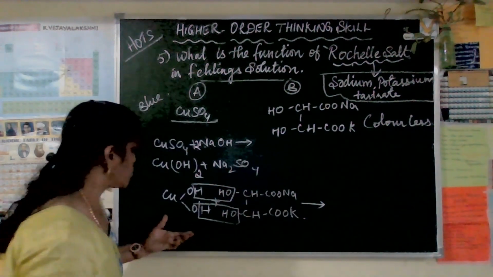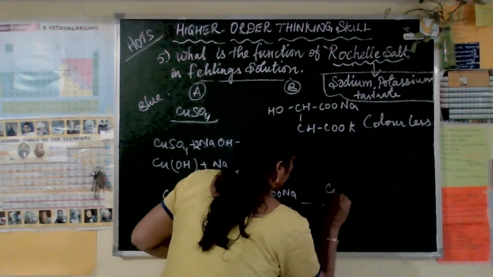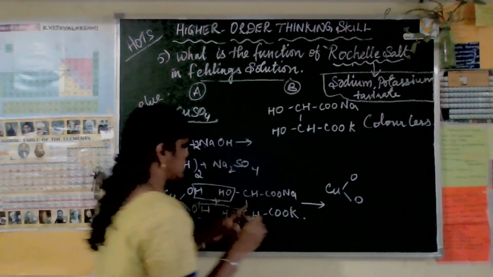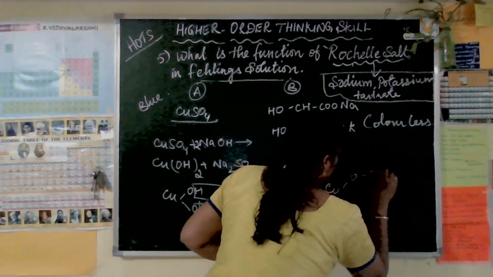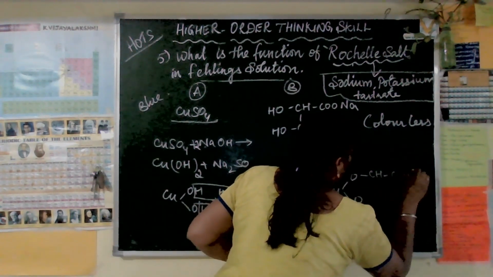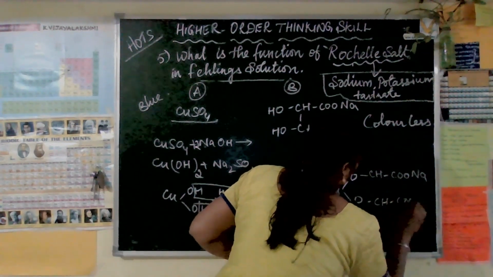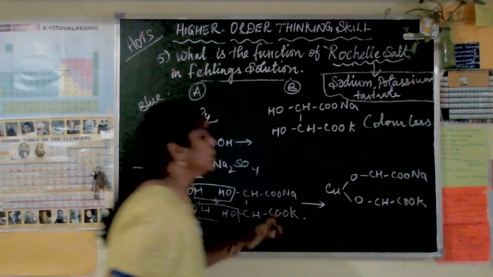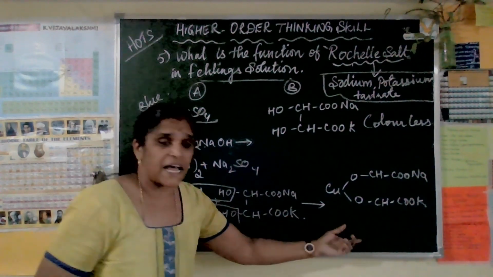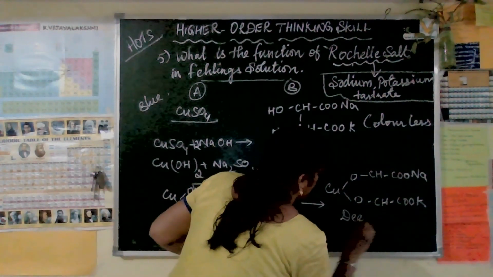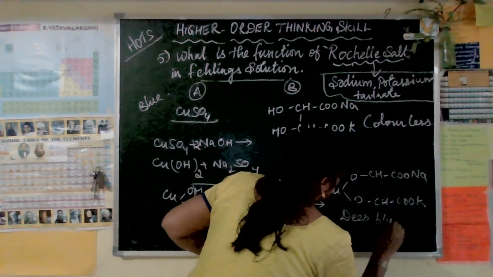You are getting the salt formation of Cu, with O, O, and CH COONa, and CH. So here you are getting this kind of formation. You will get a deep blue color. Deep blue.